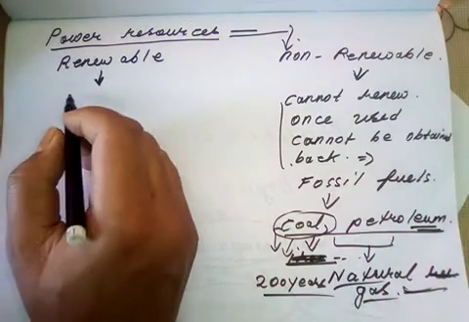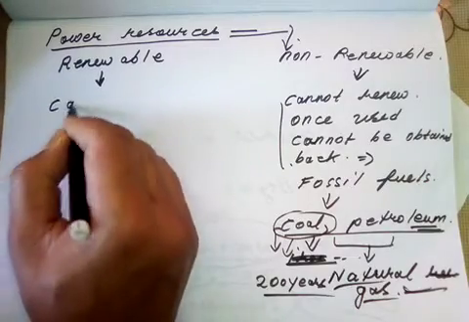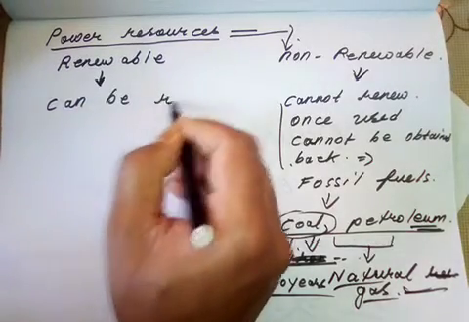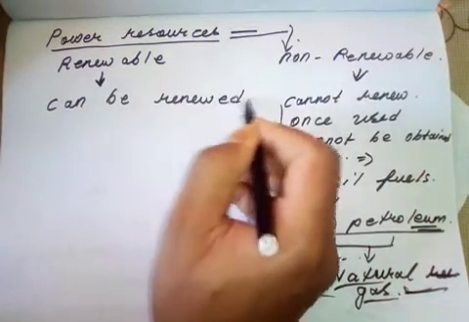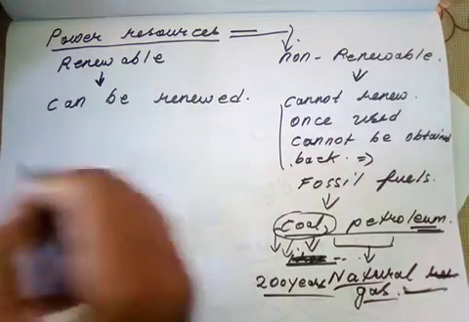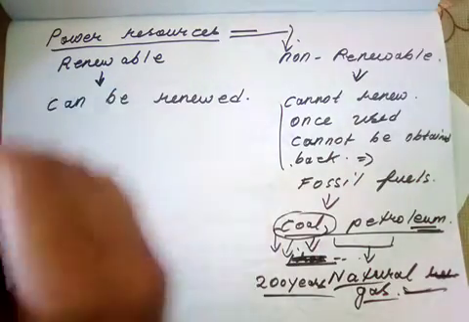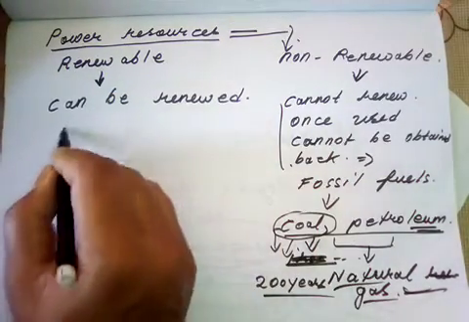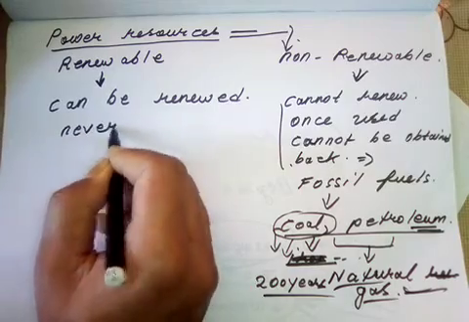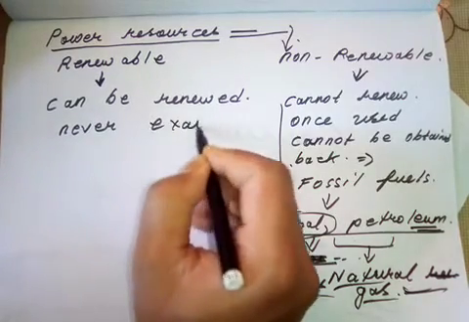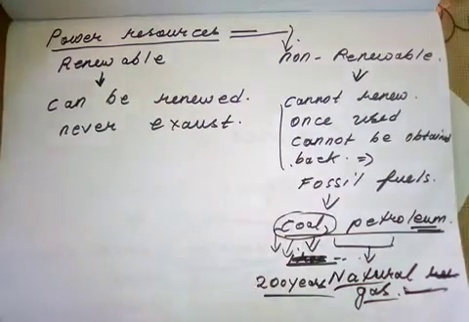Now renewable is what? That which can be renewed. It can be renewed, and we can renew again and again, and it never exhausts.